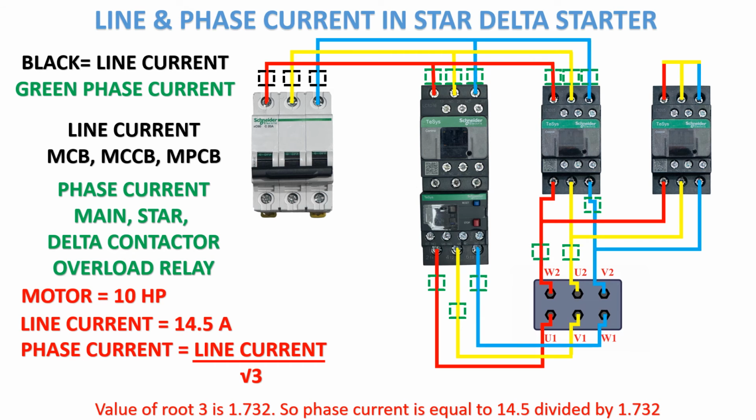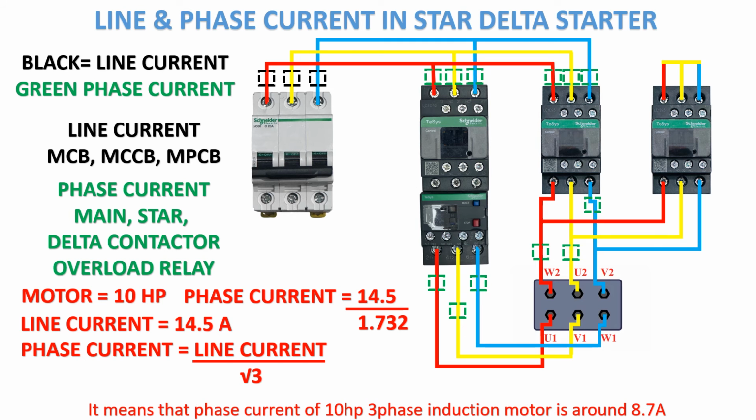The value of √3 is 1.732. So phase current is equal to 14.5 divided by 1.732. It means that the phase current of a 10 HP 3-phase induction motor is around 8.7 A.